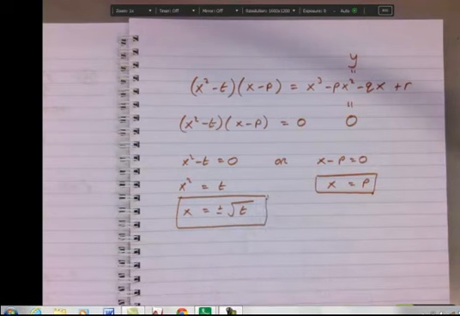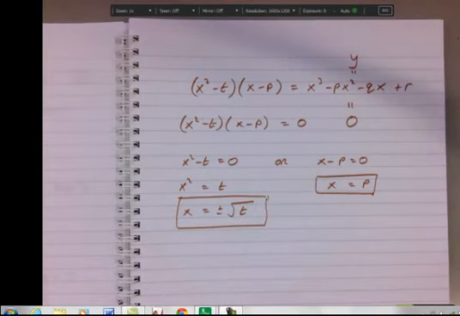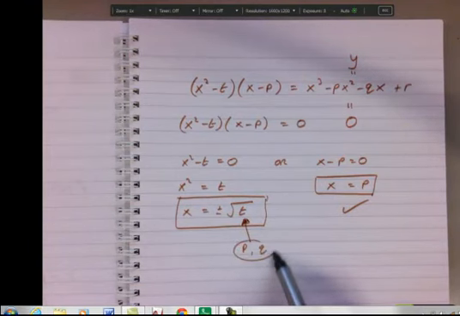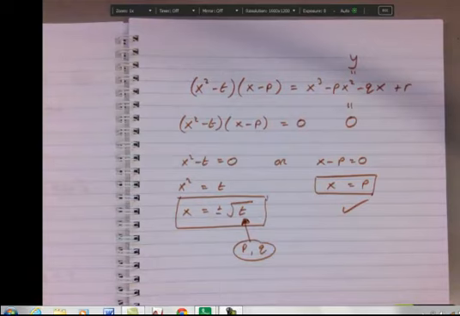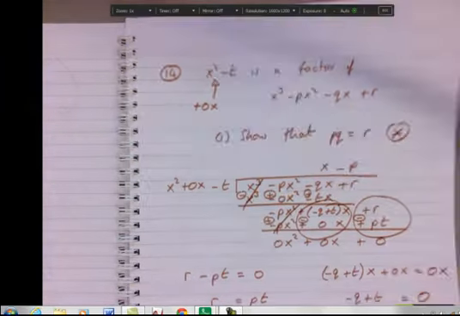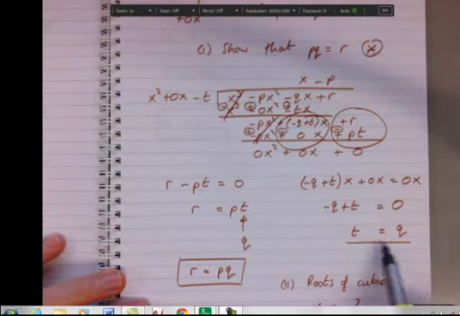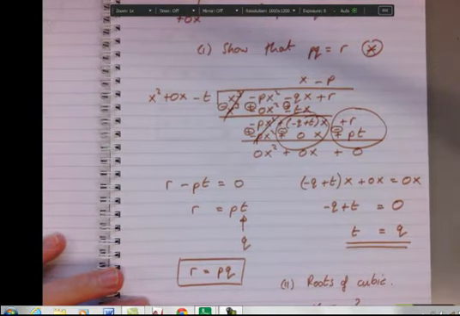But just to finish the question correctly, it does say, express the roots of the cubic in terms of p and q. So I'm happy with this one because it's x is equal to p. I'm not happy with this one because it's not in terms of p or q. So what I need to do is maybe see if there's something I can use to change that around. Well, if you just flip back here, if you remember, you can say that t is equal to q.